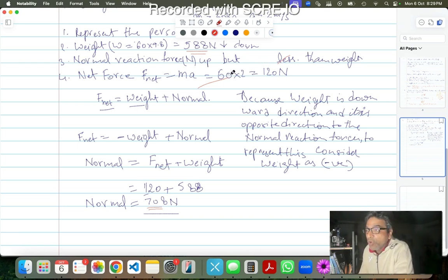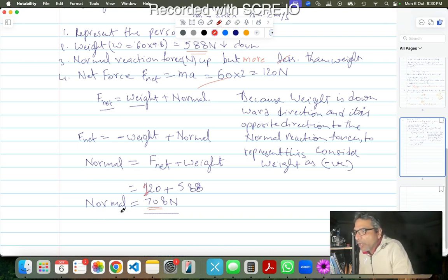I believe that you got confused with the concept that when we are in acceleration, we weigh less, right? Or we feel a bit lighter, right? Okay, that is because the net force that we have on our body is just 120 instead of 588, right? We are feeling 120, so that's the way that we feel lighter.